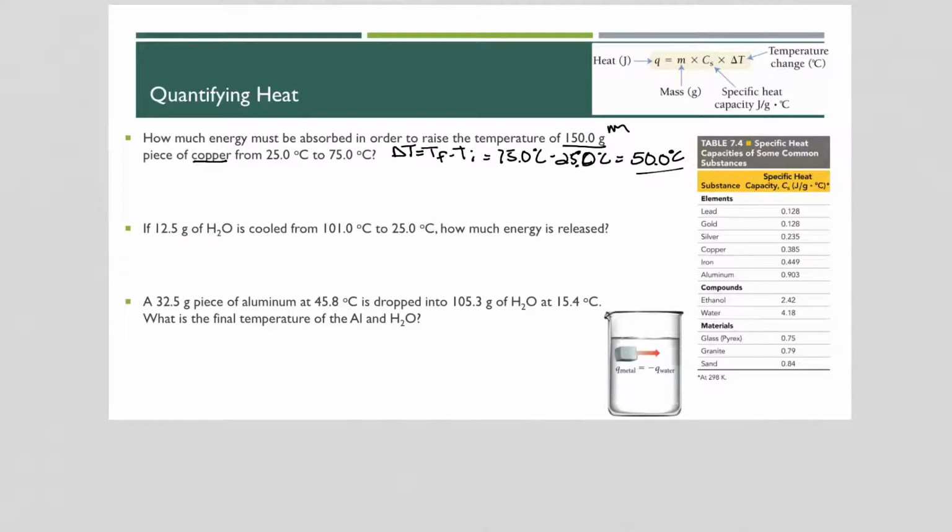So now I can look at my equation. My Q equals my mass, 150 grams. My material is copper, so if I go over to my table, I see copper has a value of 0.385 joules per gram degrees Celsius.